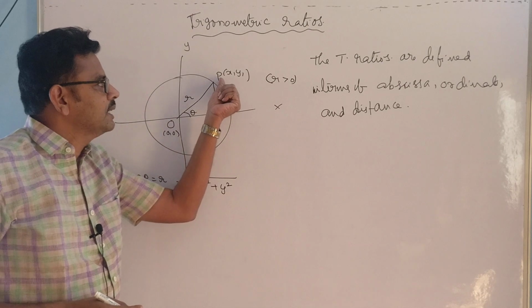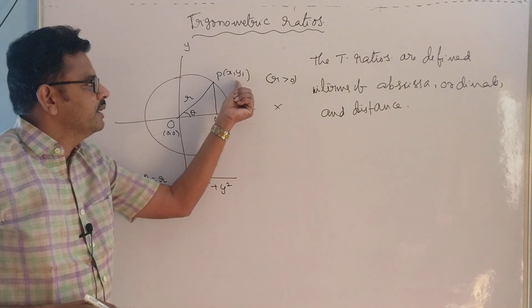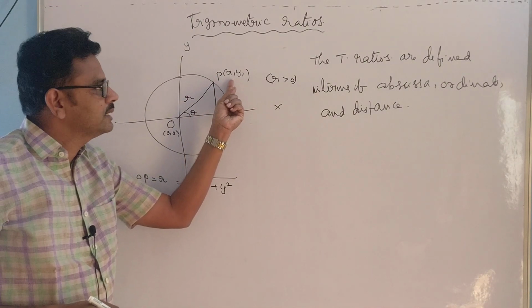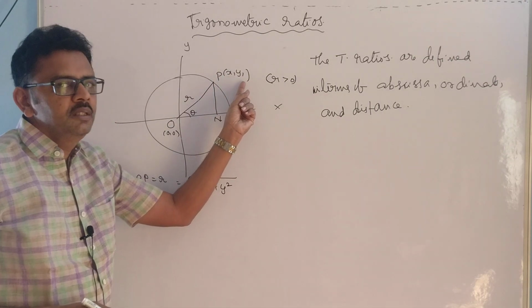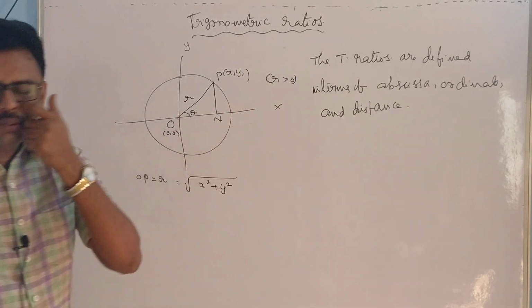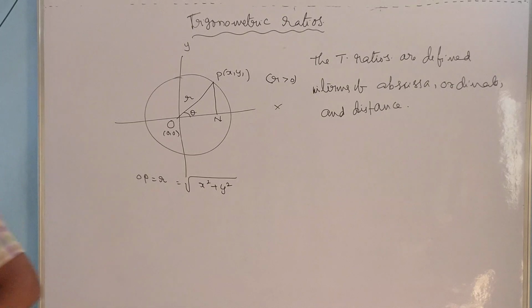See, P(x, y) is treated as being in the first quadrant. That means x is positive and y is positive. The 6 trigonometric ratios are defined.